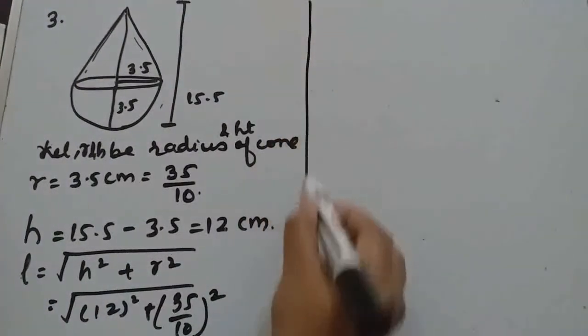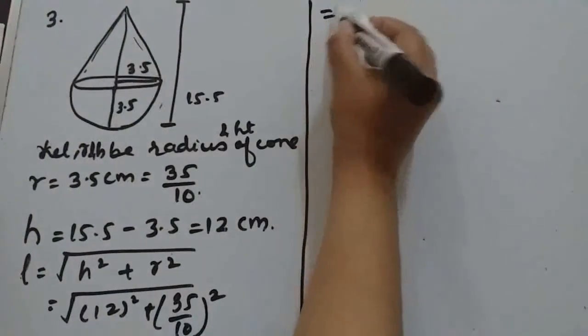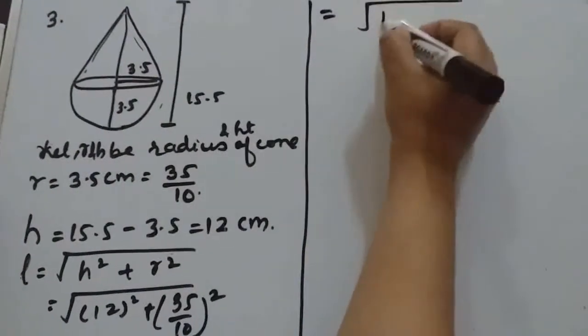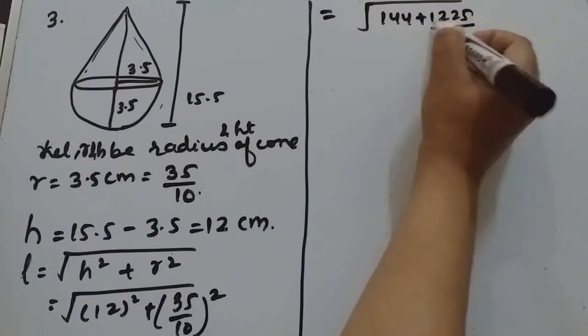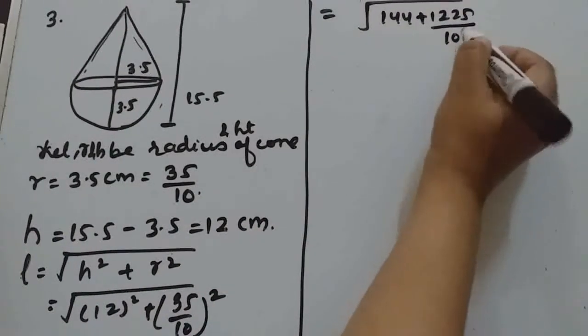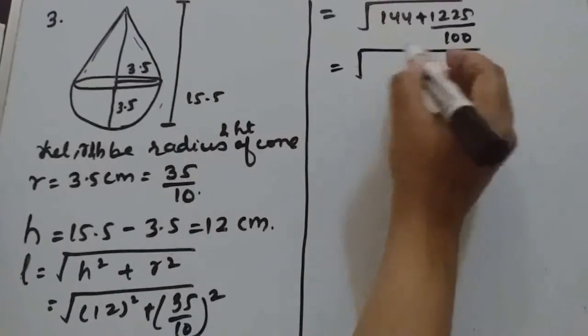So what can we write here? 12 square is 144. 35 square is 1225, divided by 100.